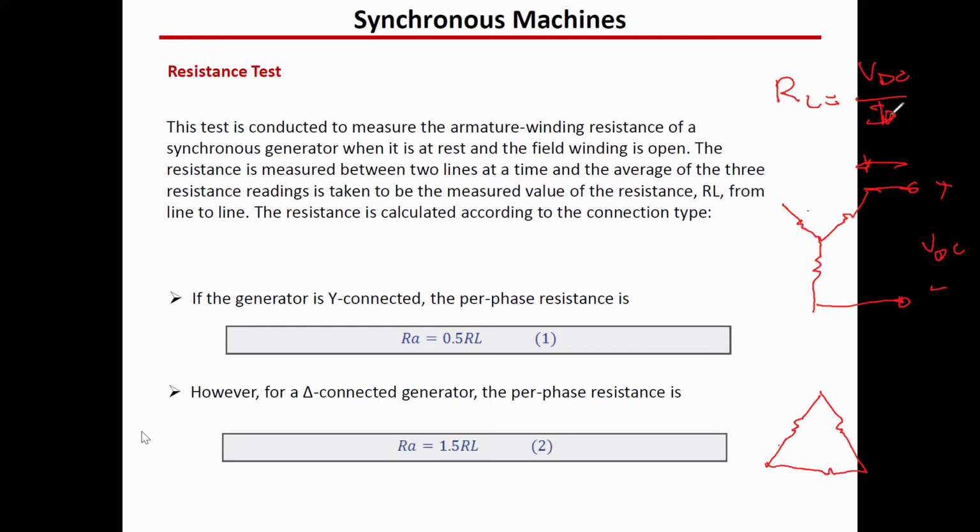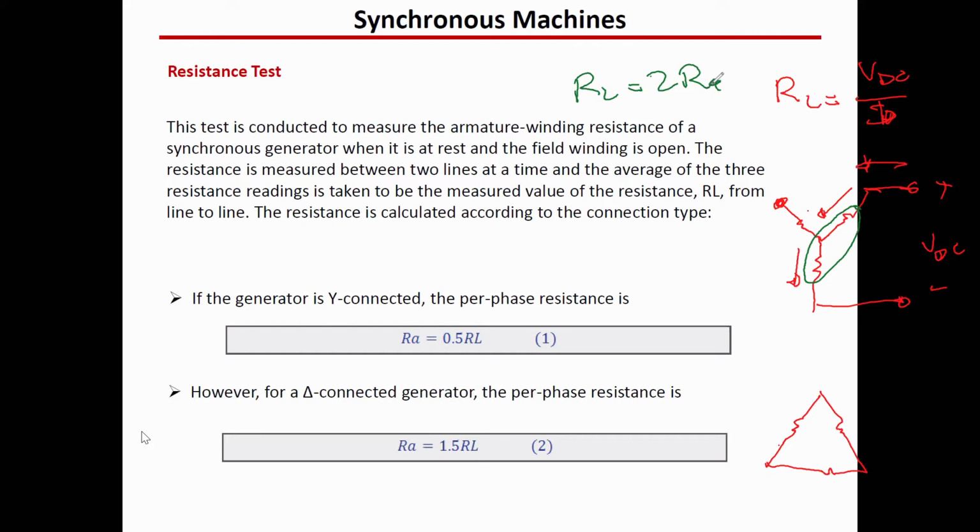What is going to be RL in this case if we have Y connection? This is open circuit, it's not used, not connected. So the current will go through here, and after that through here. So whatever resistance we are calculating, it's going to be VDC over 2R. Yes, exactly, it's like two resistors in series. So RL will be two RAs, not only one.